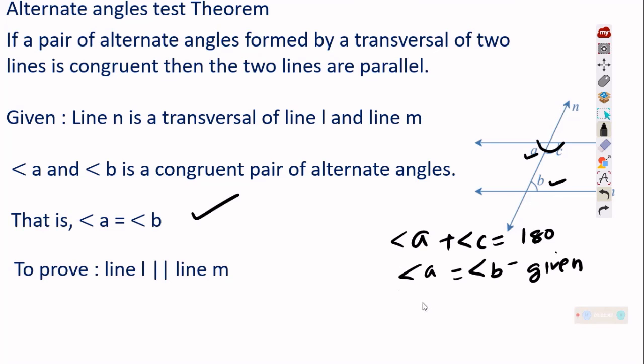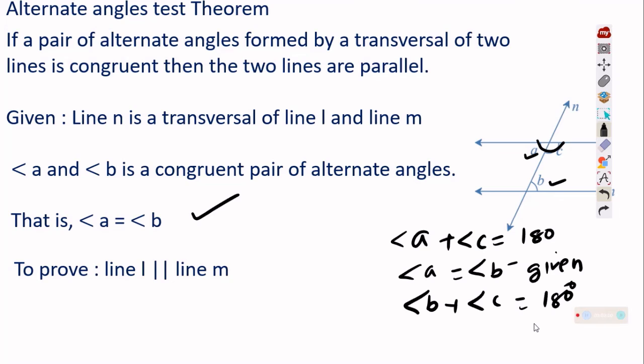So in the next line we can simply write that the interior angle B plus angle C is also equal to 180. Correct?